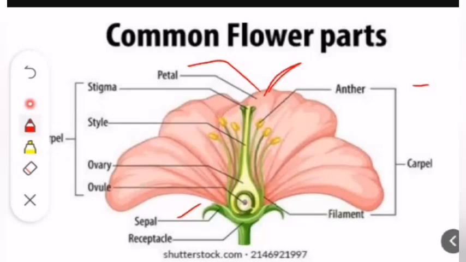Now when you zoom into the essential part, you see the stamen, and finally the carpel. I'm looking for where the label for stamen is here. Some may also call it the androecium. The carpel can also be called the pistil.